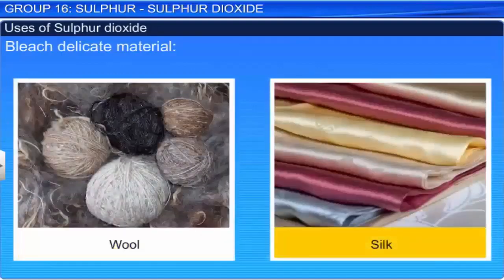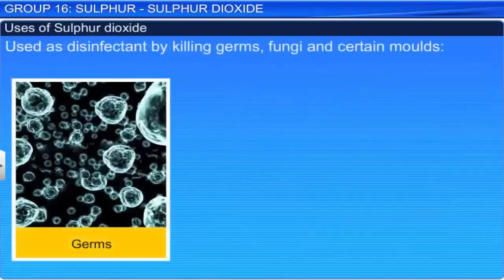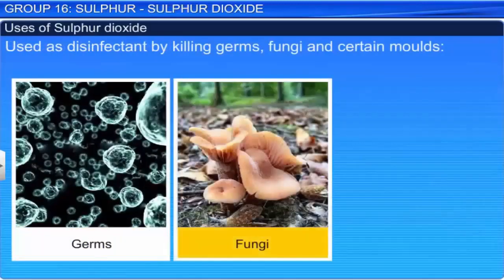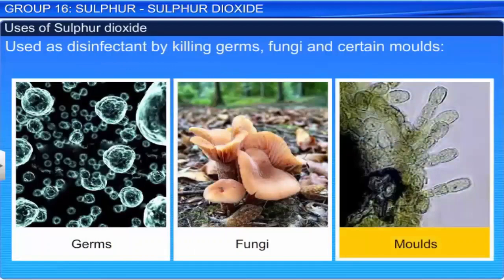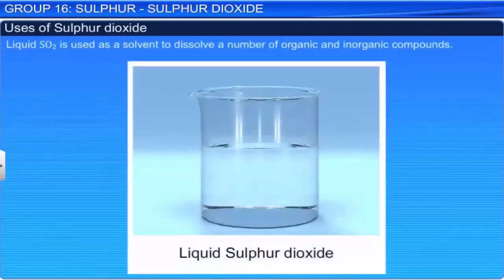It is used as a disinfectant for killing germs, fungi, and certain molds. It is used as an anti-chlor for removing excess chlorine from a fabric after bleaching. Liquid sulfur dioxide is used as a solvent to dissolve a number of organic and inorganic compounds.